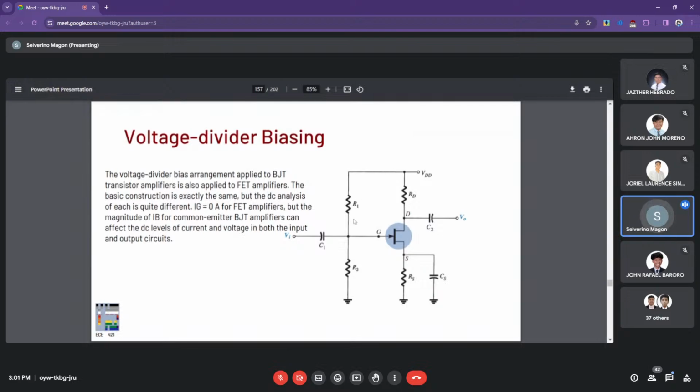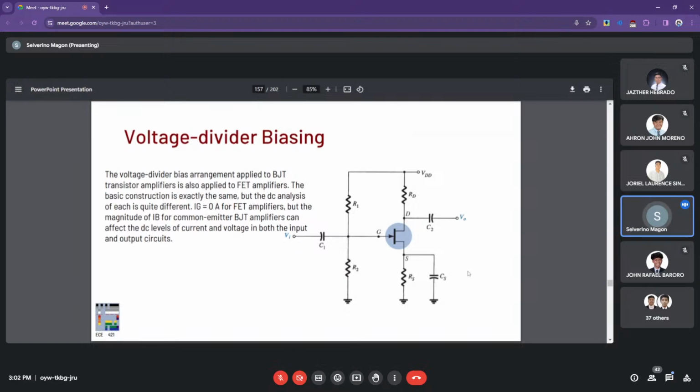So all the DC components are contained within the right of C1 here and the left of C2 here, as well as the upside of CS right there. So again, in the context of DC analysis, we do not see yet the value of this capacitance. These are significant now when we go to do the AC analysis.